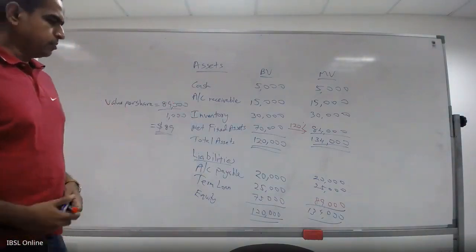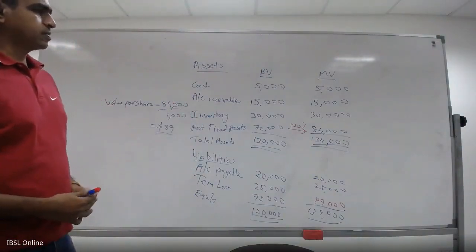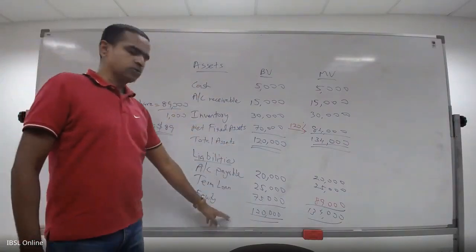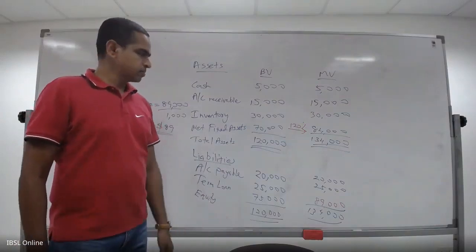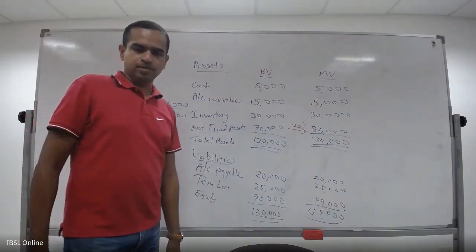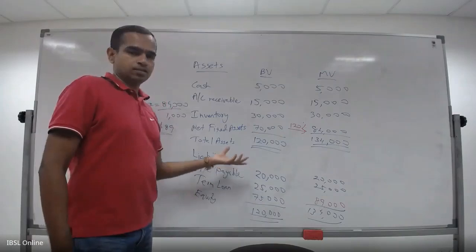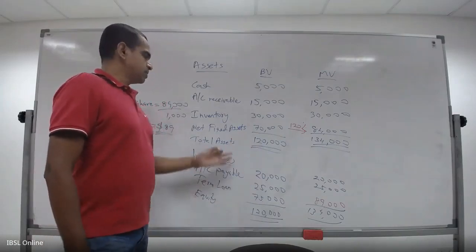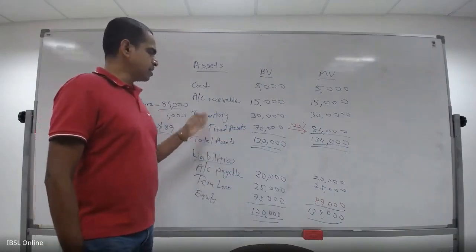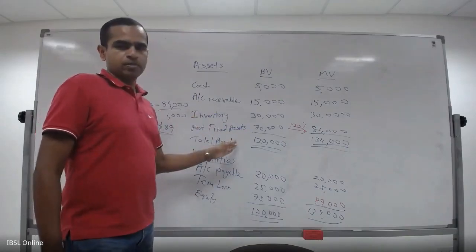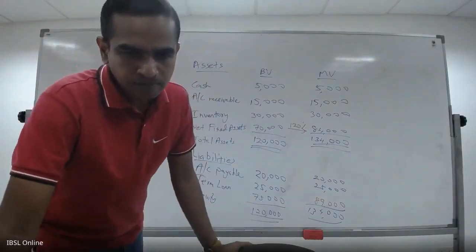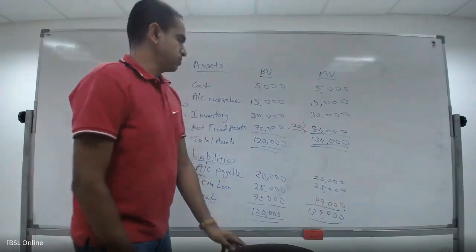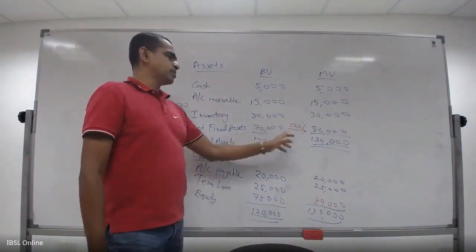How I got the equity value? Well, if you take the balance sheet, total assets should be equal to total liabilities, isn't it? Unless there's something seriously wrong, fundamental principle, right? Total assets equals total liabilities. Now it says that net fixed assets is worth 20% more than the book value.